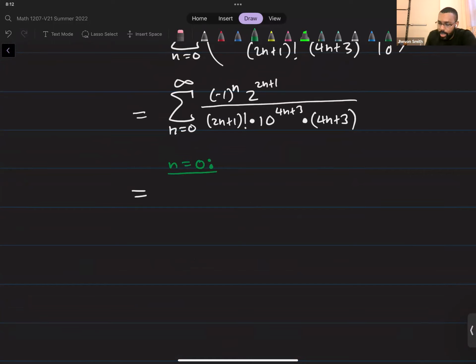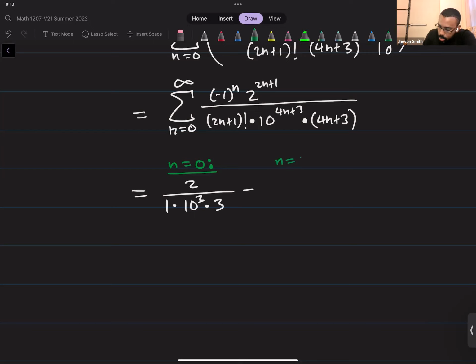What happens if n equals 0? I would get just 2 to the first power divided by 1 factorial, 10 cubed times 3, plus, well, in this case, it's a minus 1 to the n, so that's actually going to be a minus.